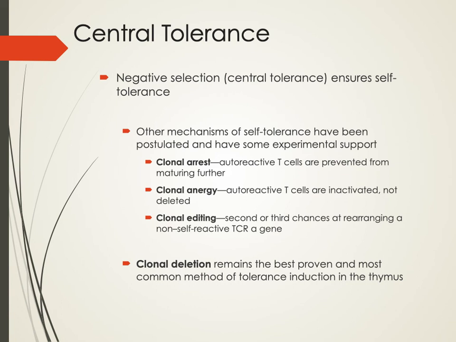Again, keep in mind with negative selection, there are also other mechanisms that play a role in self-tolerance. So we can get clonal arrest, where autoreactive T cells are prevented from proliferating, dividing and maturing further. We can get clonal anergy, where autoreactive T cells are inactivated.